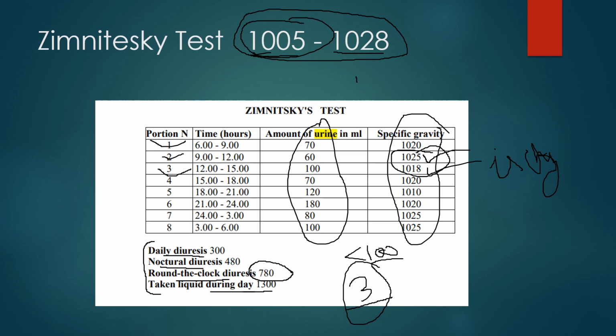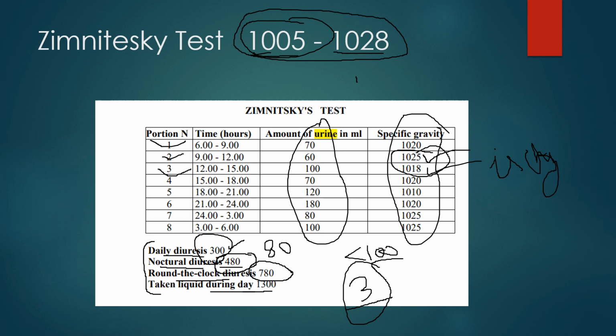Now in this case, we can see the daily diuresis is 300, meaning during the day he excretes 300, but during the night he excretes more than during the day. So the patient is suffering from nocturnal diuresis. Suppose the upper value is the same, 300, and let me change the value of nocturnal diuresis to 80.